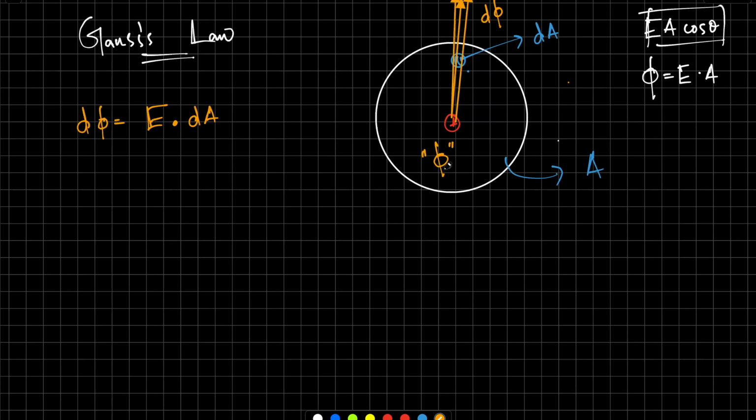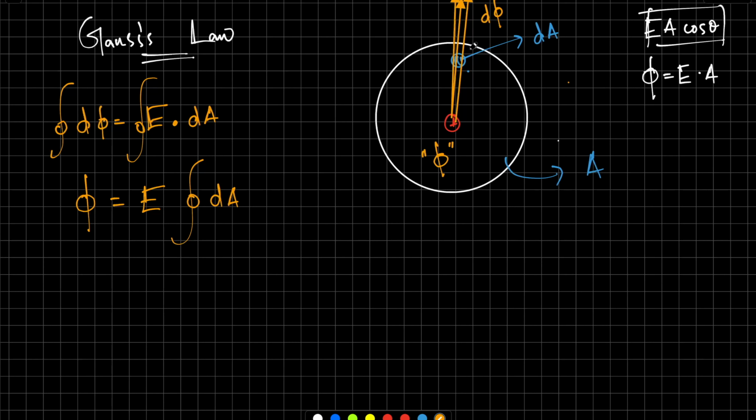To find the total flux phi, I'm going to integrate this. It's a closed integral. Closed integral d phi equals closed integral E dot dA. Closed integral d phi gives you the total flux phi equals, electric field is a constant, take it outside, E closed integral dA.